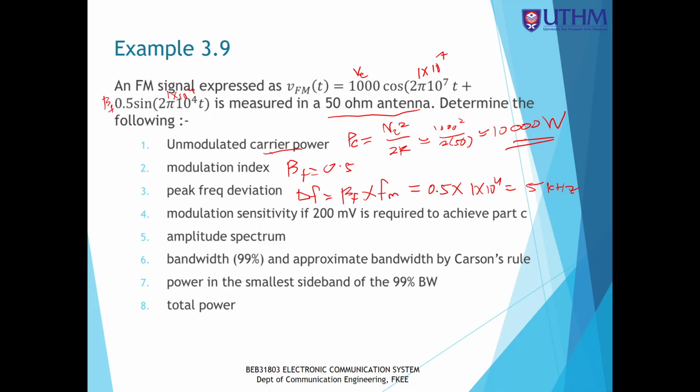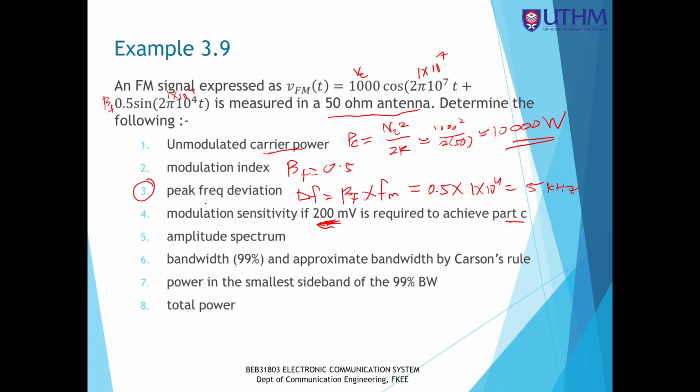Find the modulation sensitivity parameter, KF, if 200 millivolt is required to achieve part C. Part C is number 3. So we need 200 millivolt. This is actually referring to the modulating signal amplitude.